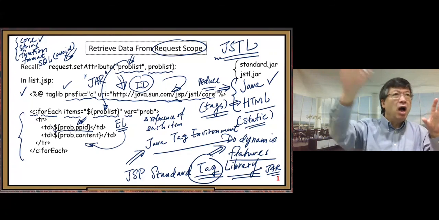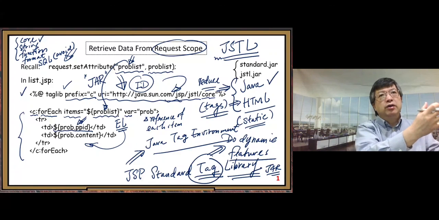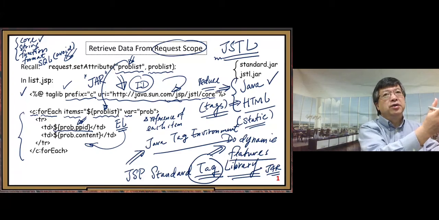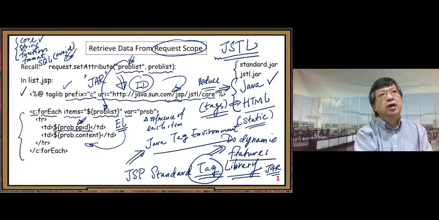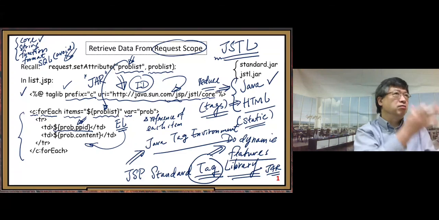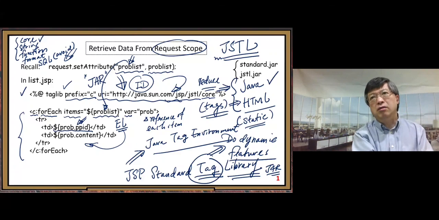Because many times in your JSP, you just want to present your data directly. You do not need to use JSTL. You just display EL expressions directly without importing JSTL technology.